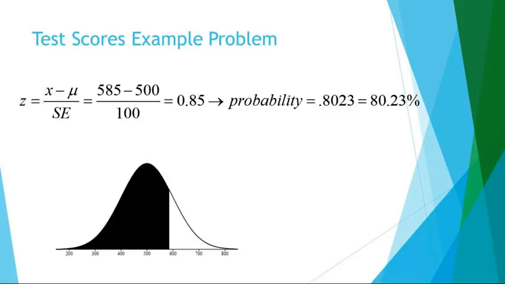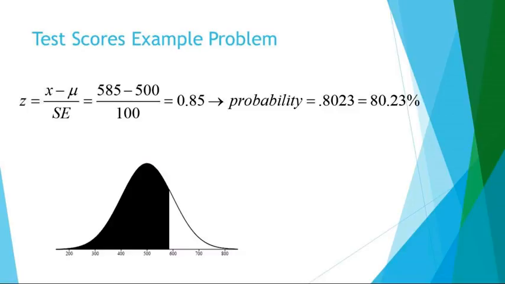So 585 minus 500 over 100, that's going to be 0.85. If I look up 0.85 on my z-table, I get the probability 0.8023. So that 0.8023 represents the area from the left tail all the way up until 585.